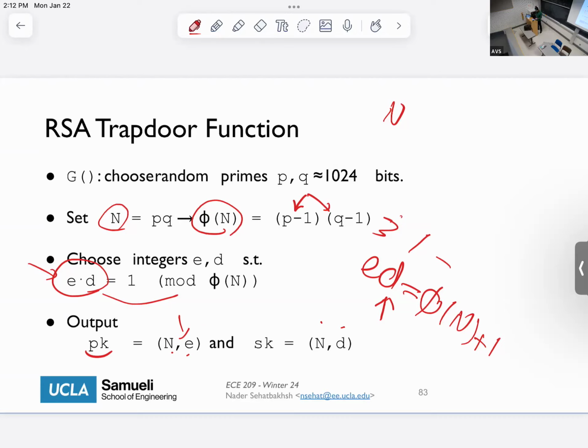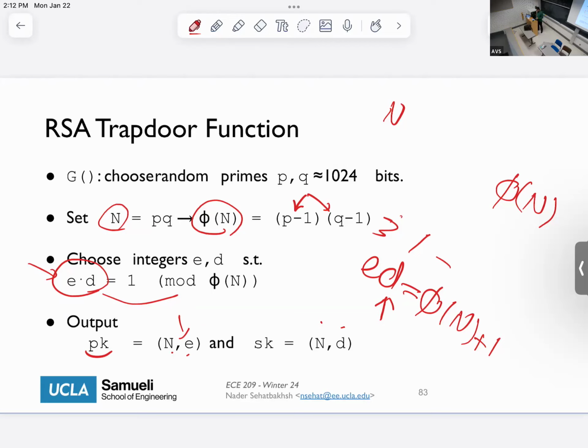The big thing here is phi of n. Computing phi of n is not easy. If computing phi of n was easy, then people could easily find d. If I have phi of n and I know e, then I could easily find d.